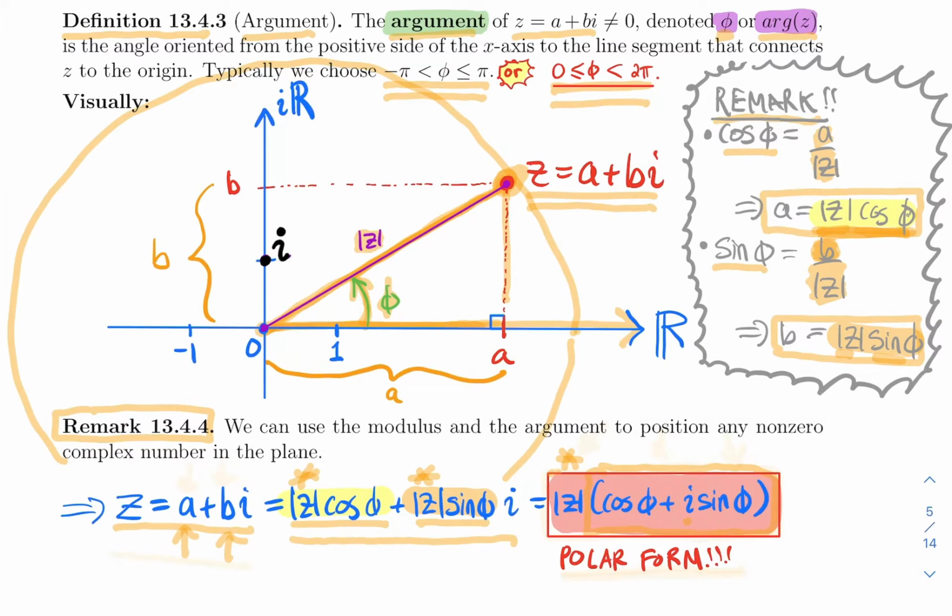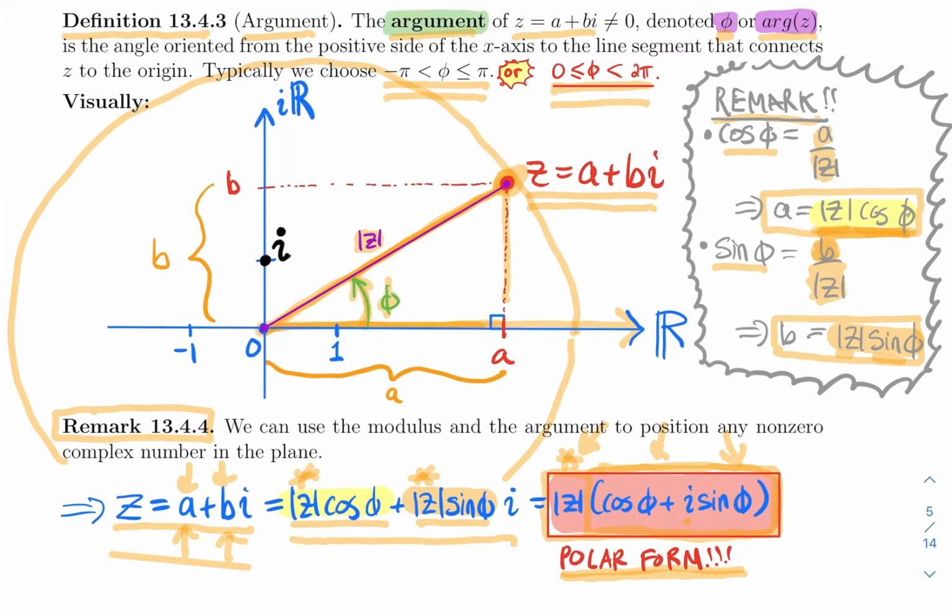When you put the absolute value of z first, then the bracket cos of phi plus i sine of phi, that's called the polar form of your complex number. So there's the Cartesian form, a plus bi, which depends on x and y, and then there's the polar form, which depends on how far it is from the origin and at which angle it is from the positive side of the real axis.